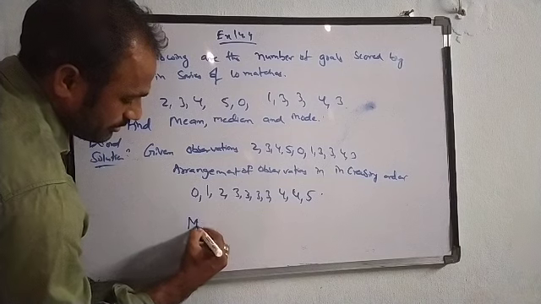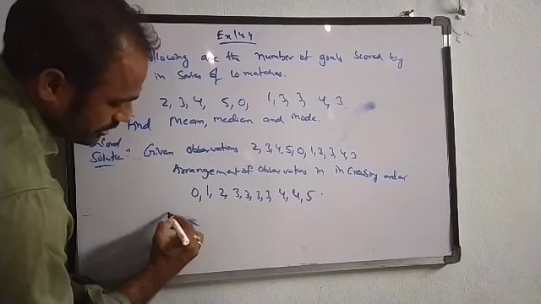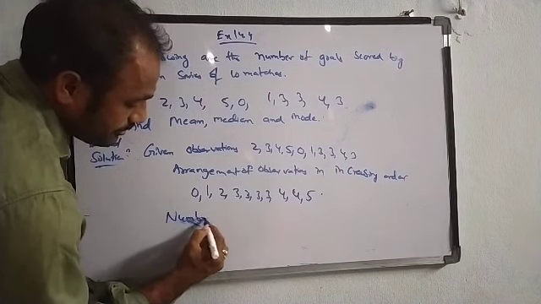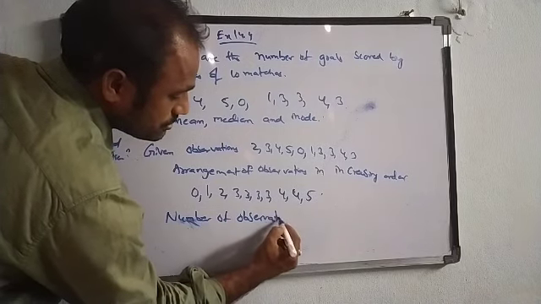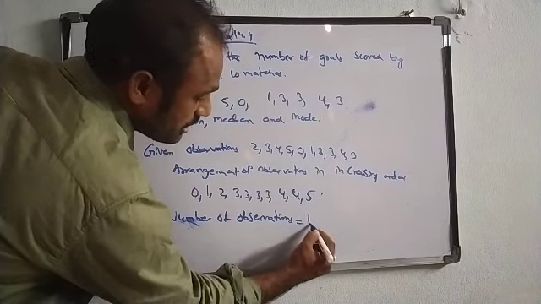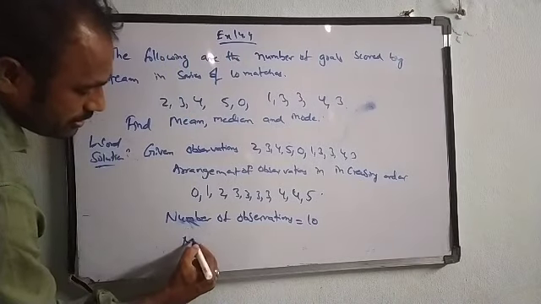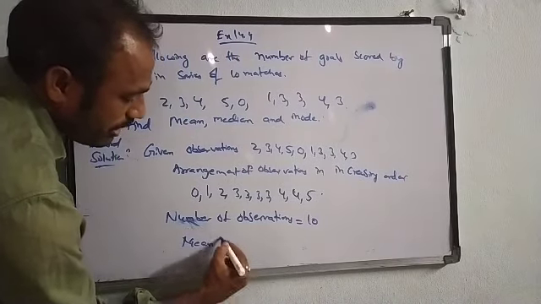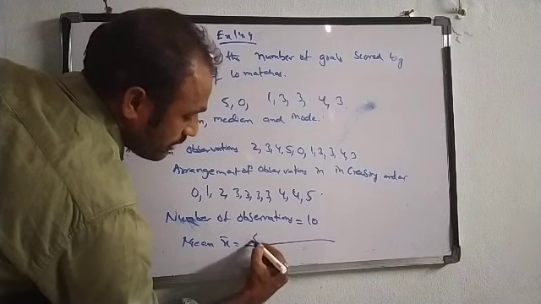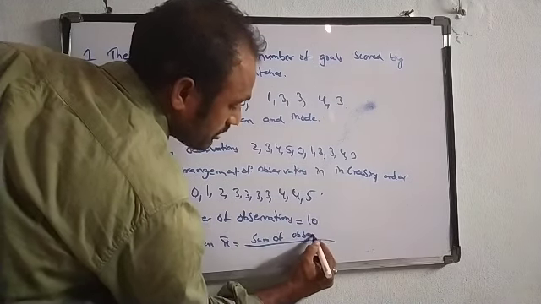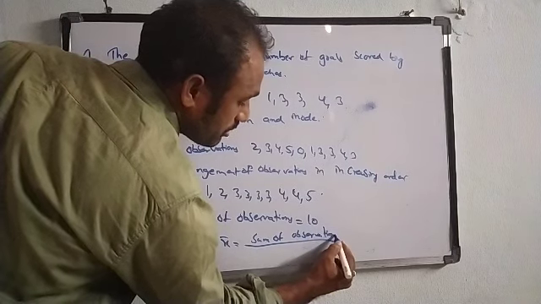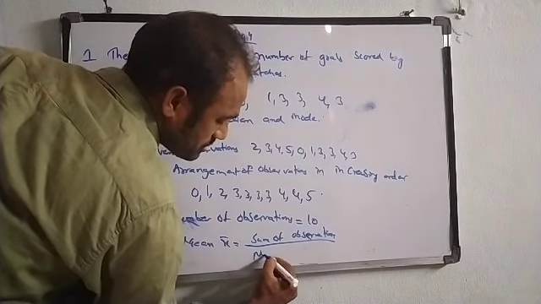So for the mean, the number of observations is 10. The mean formula is x bar equals the sum of observations divided by the number of observations.